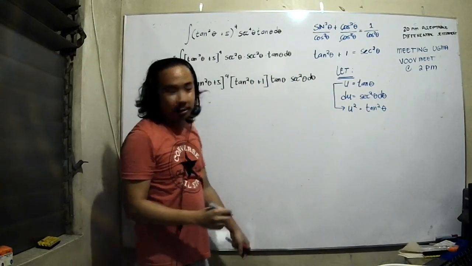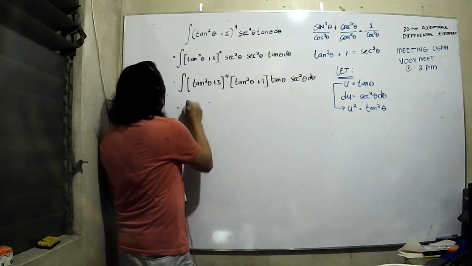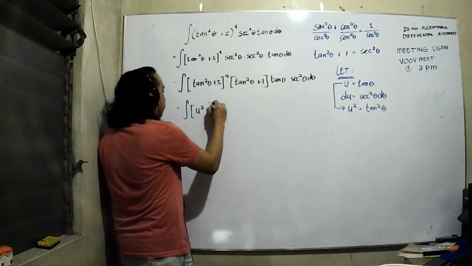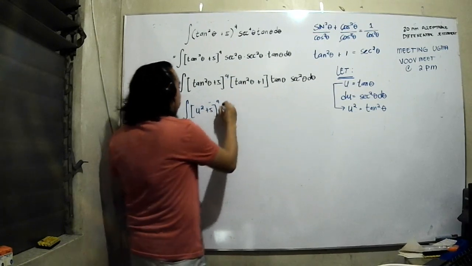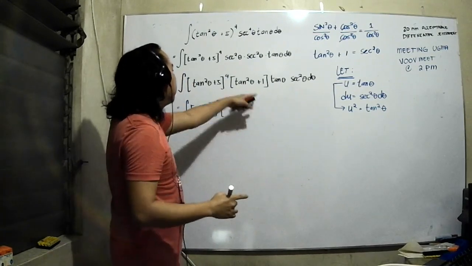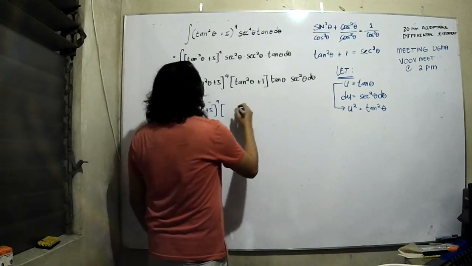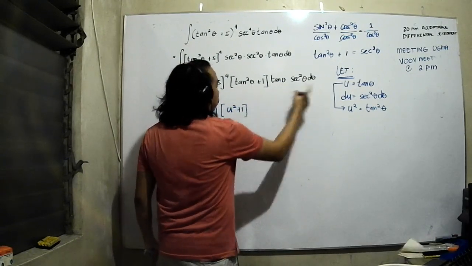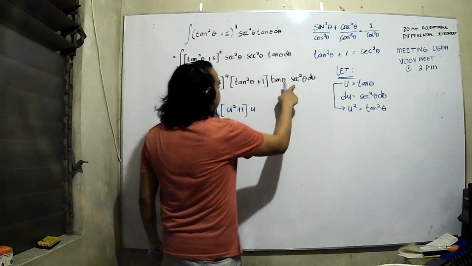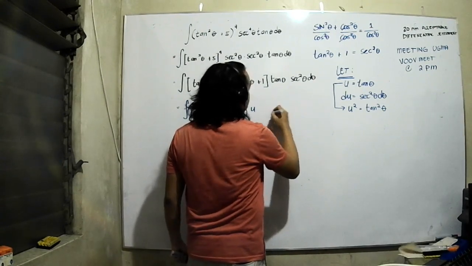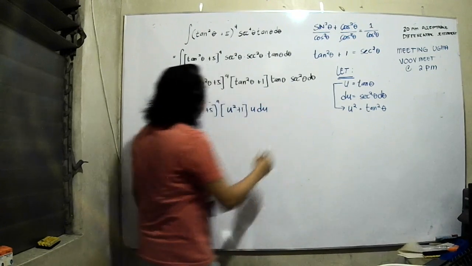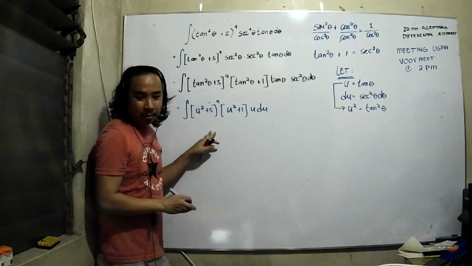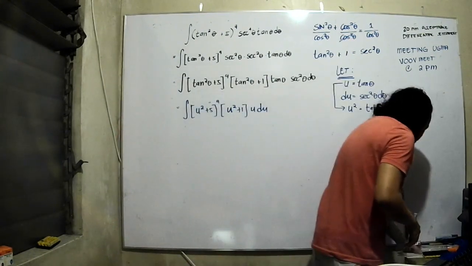I plug this into the equation and I will have u squared plus 5 raised to the power 4, times tangent squared theta, which is u squared plus 1, and then tangent, and then secant squared, which should be du. So we get this expression, and I want to simplify it further.